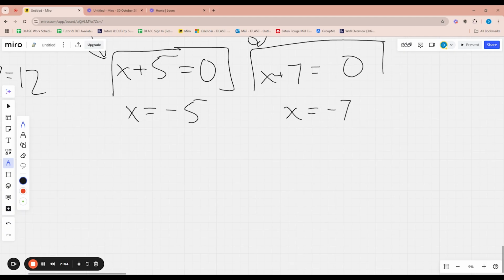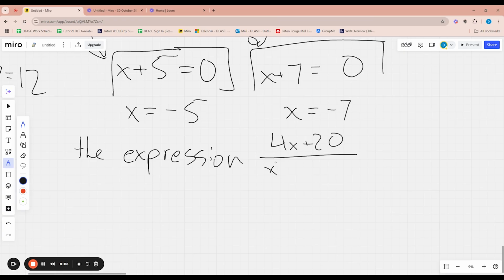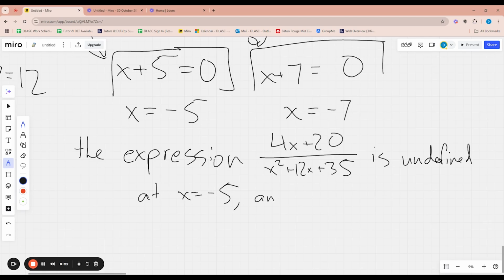So we can say the expression 4x plus 20 over x squared plus 12x plus 35 is undefined at x equals -5 and at x equals -7, right?